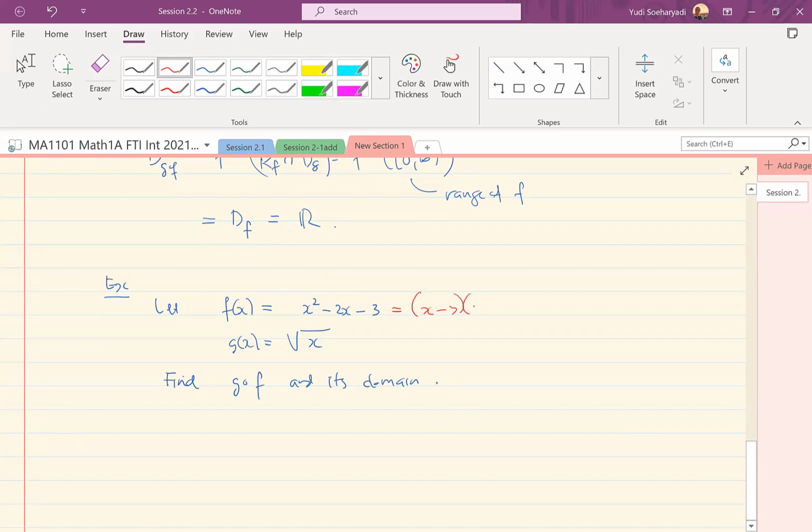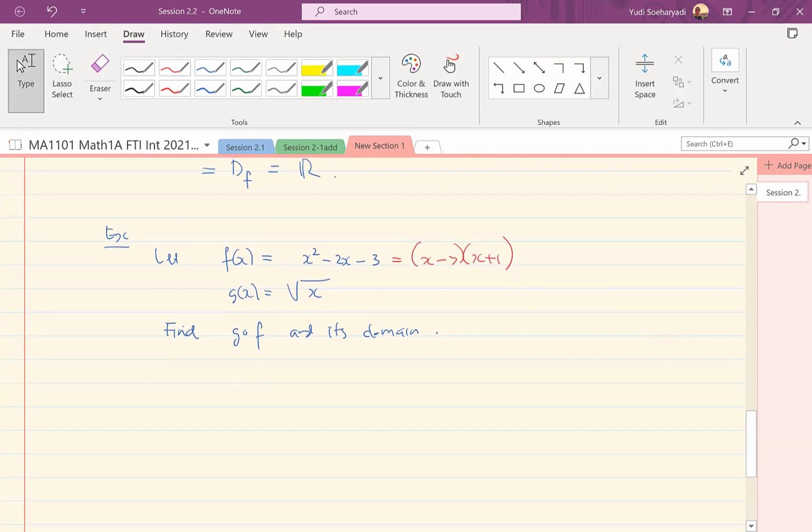Minus 3, x plus 1. Okay. So you see this is the domain. All right. Okay, you can put anything to x, right? There's no restriction. So this is the whole thing, but the range is, we'll take care of this range later on.